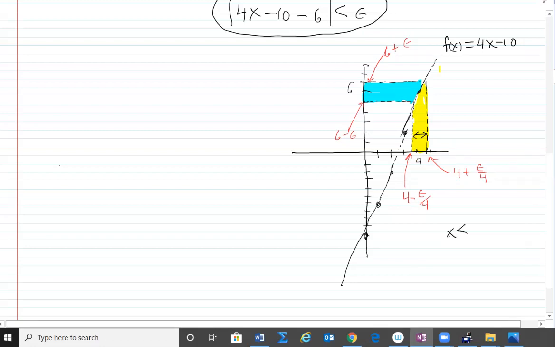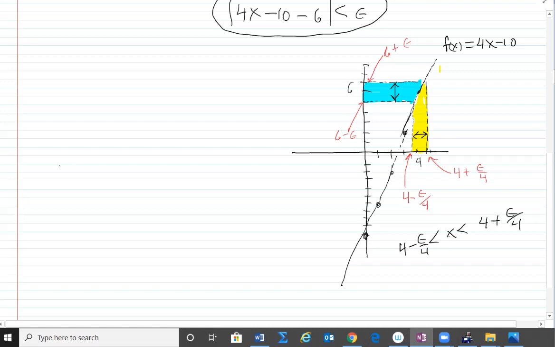x is between 4 minus epsilon over 4 and 4 plus epsilon over 4. If that's true, then we're guaranteed that our function value, f of x, will be somewhere in here, in this blue band, somewhere between 6 plus epsilon and 6 minus epsilon, regardless of how big epsilon is.